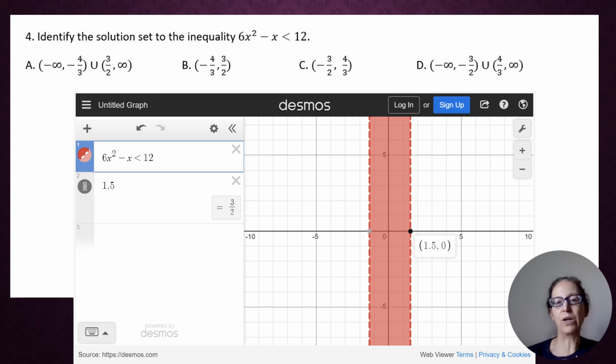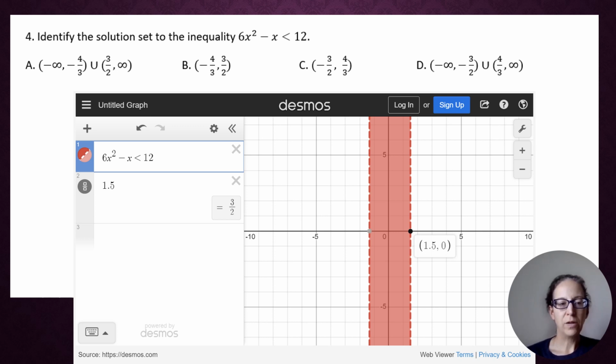So this number over here was the 3/2, which means that it has to be answer choice B. I'm not totally sure what Desmos will do with the negative 1.333. It's going to offer it, but I think it's going to give me something messy. Yeah, it's not registering that it's repeating forever. But the 1.5 is okay.